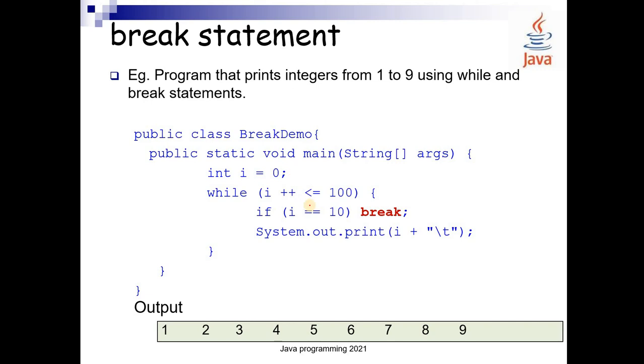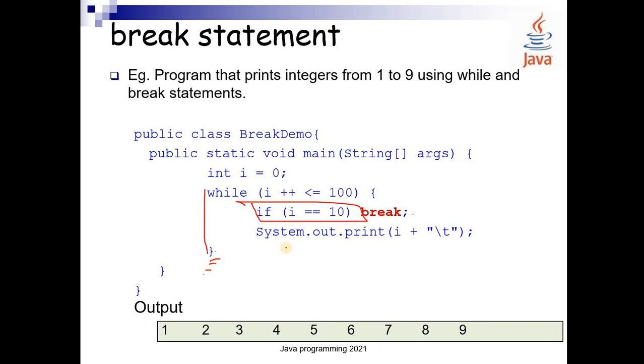So let's look at this loop. If we are looping and say as long as I equals 10, we want our program to break, to stop the loop, because it terminates the loop which contains it. Since this break is within this loop, when this condition is met, automatically the control will exit from this loop, and if you have some other statements after it, you'll be able to continue.